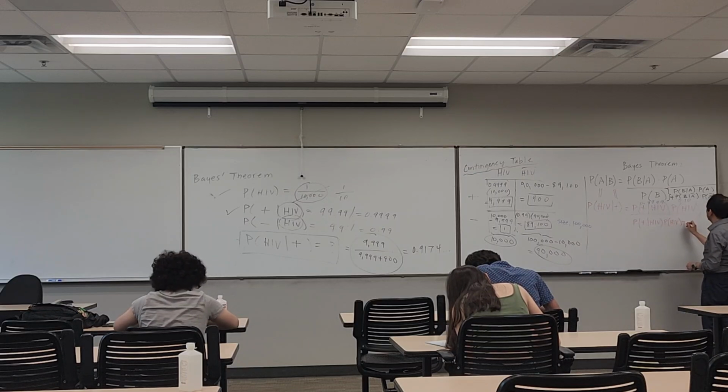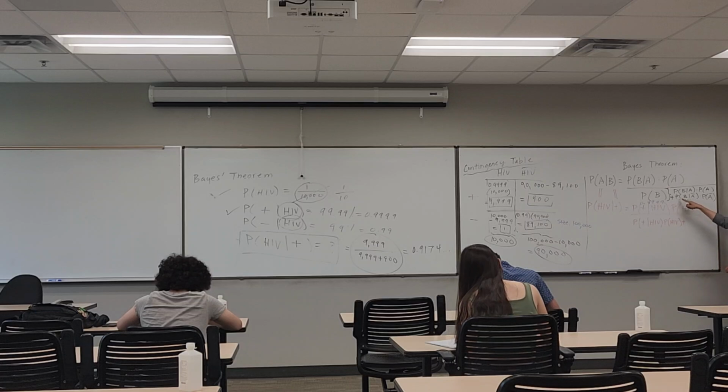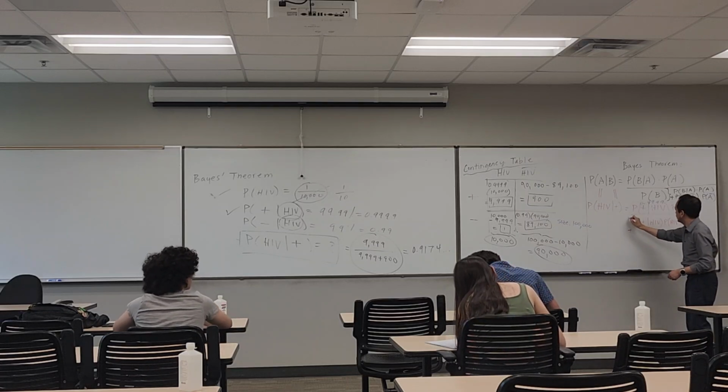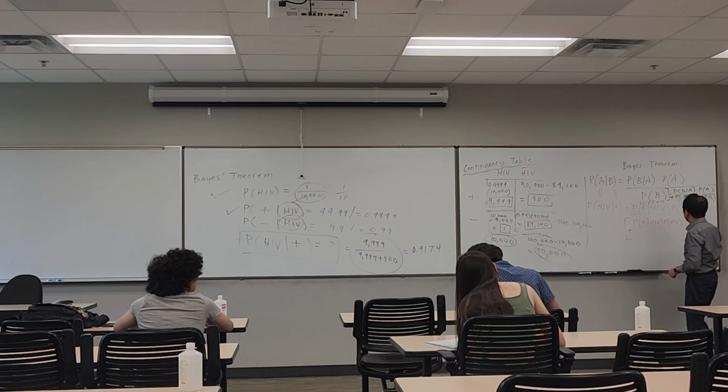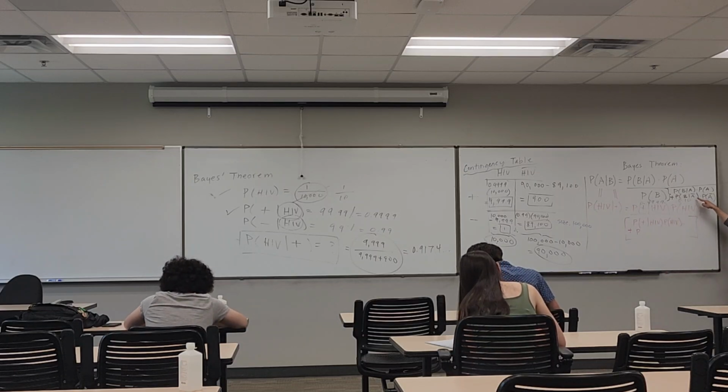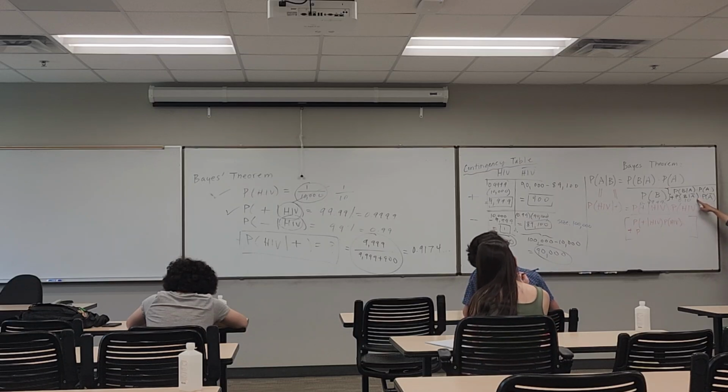But now we're going to add in this part. So this would be the probability of B given not A. What would that be in words in our problem? Probability of being positive given that you don't have HIV.